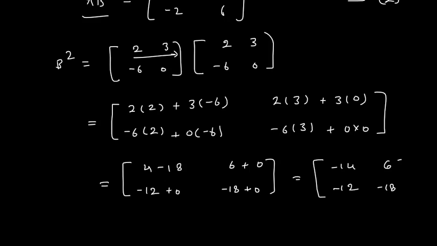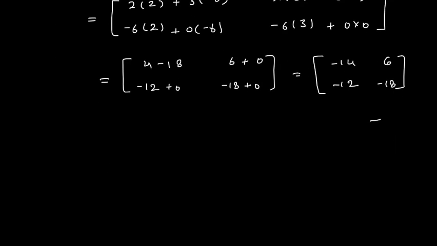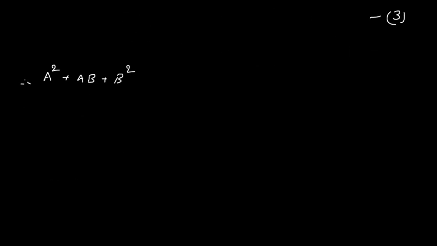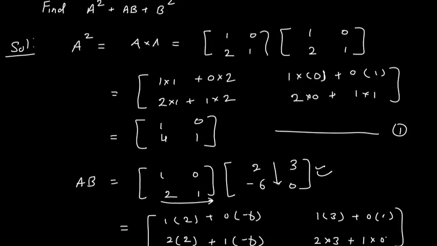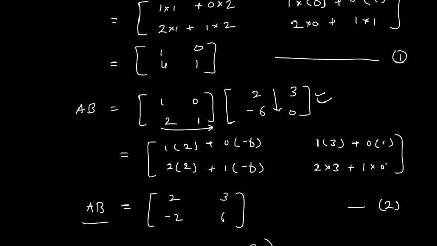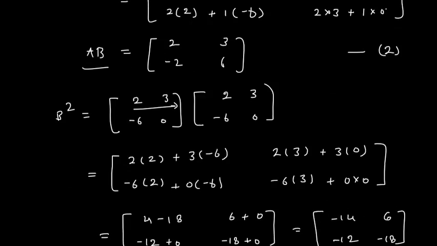So therefore we have to find A square plus AB plus B square. Now the value of A square, what do we write for A square? It is 1 4 0 1. This is A square plus AB.